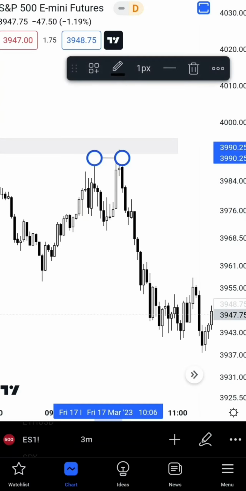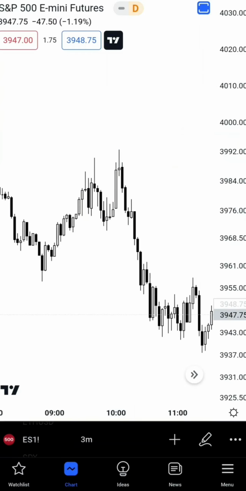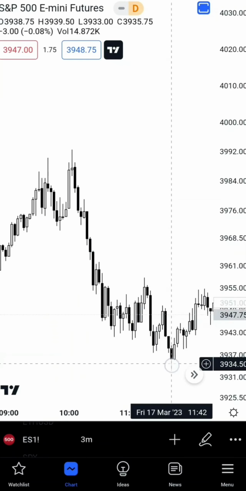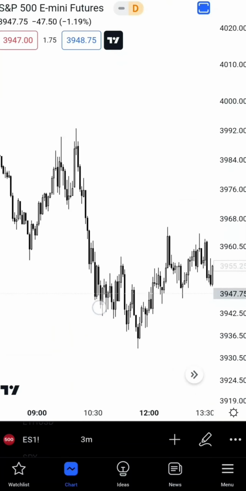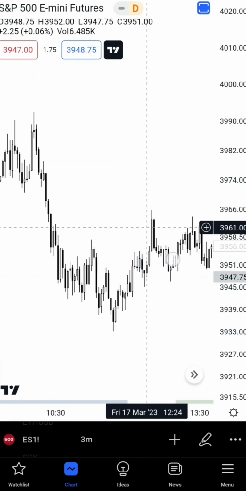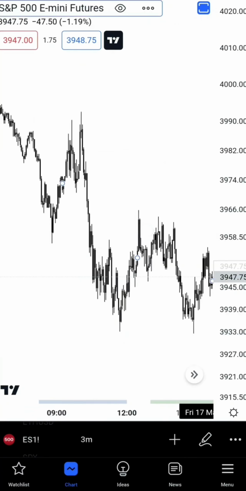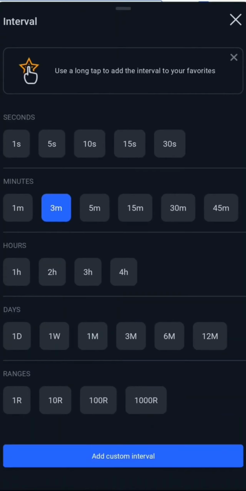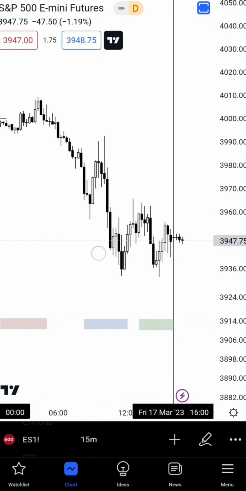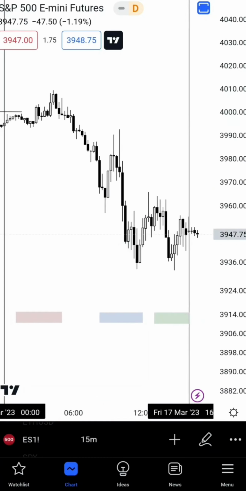And it kept declining into 12 p.m. And then at 12 p.m. it marked the low of the day. This is an example of a classic sell day, like a super classic sell day.